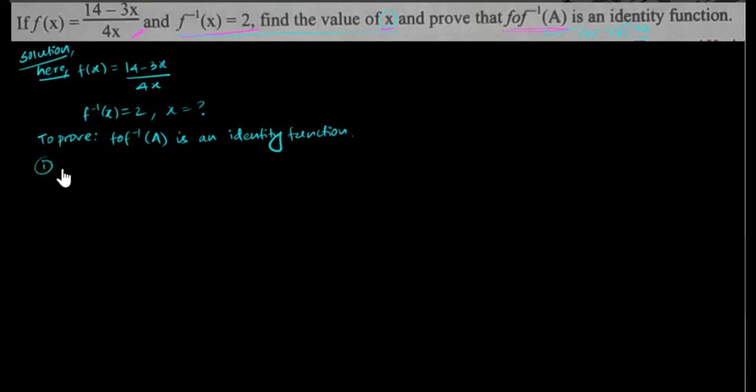For the first part, let's find the inverse first. f(x) equals (14 minus 3x) divided by 4x. To find the inverse, we need to suppose it with a variable. Let y equal f(x), so y equals (14 minus 3x) divided by 4x.